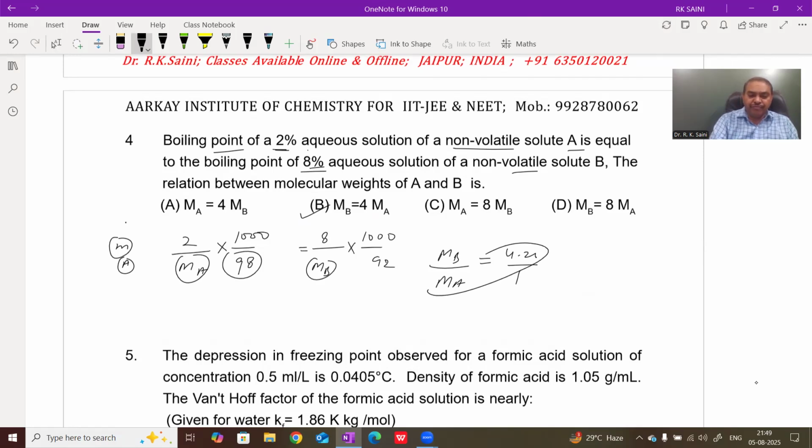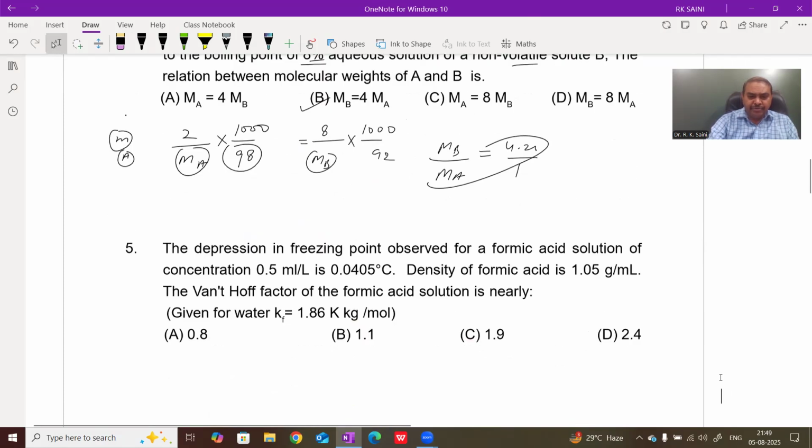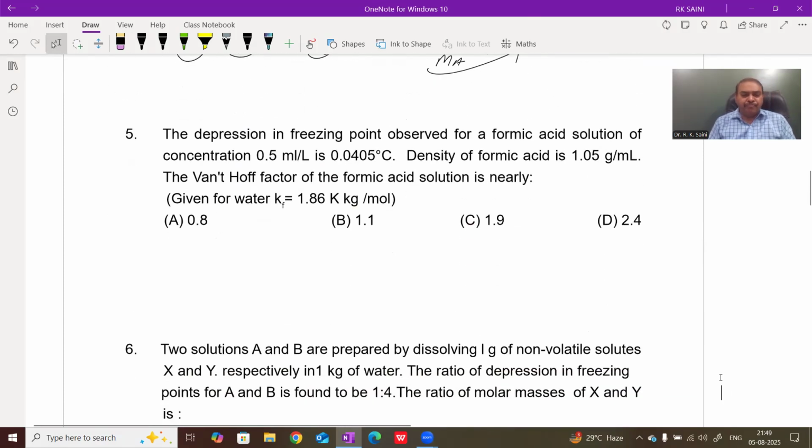This. Question 5th. First we read the question carefully, then understand the symbols and then find the problem. Depression in freezing point observed of the formic acid solution, concentration 0.05 ml per liter, is 0.0405. Density of formic acid is given. Find the Van't Hoff factor of formic acid.